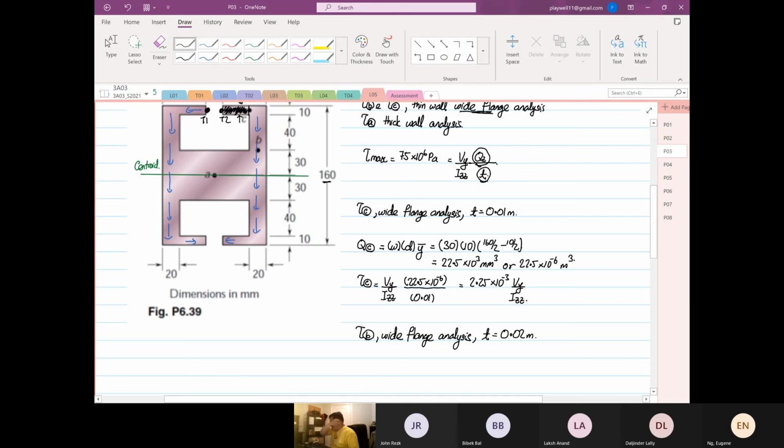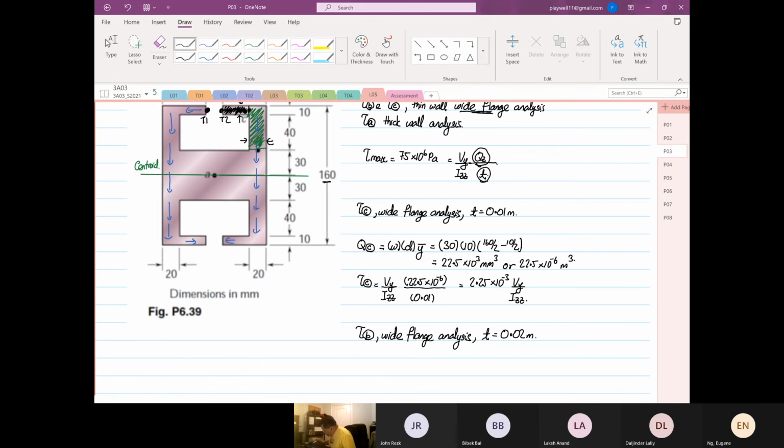You can see it is 0.02 meters, right? So this is the thickness now. The first moment of area we're going to take is also up to point C, and then we are going to consider this area also that I'm shading now, up to here.